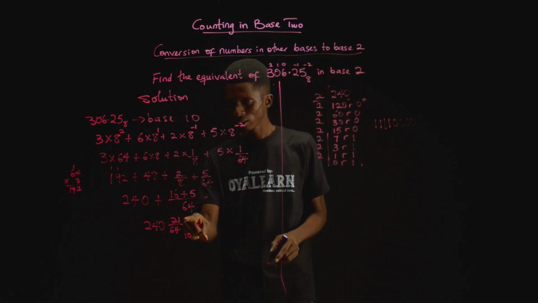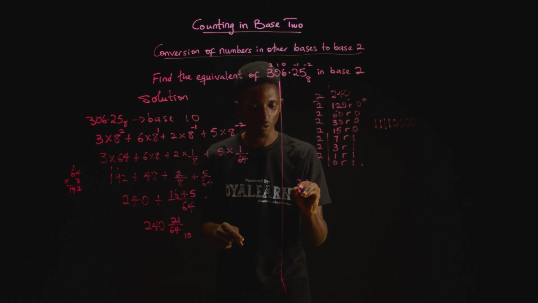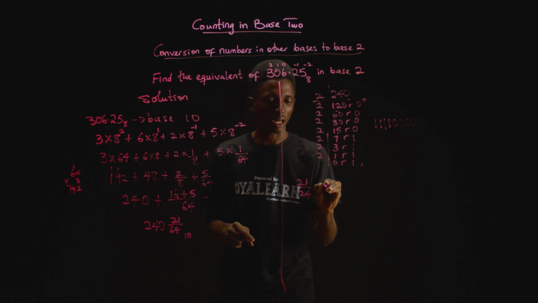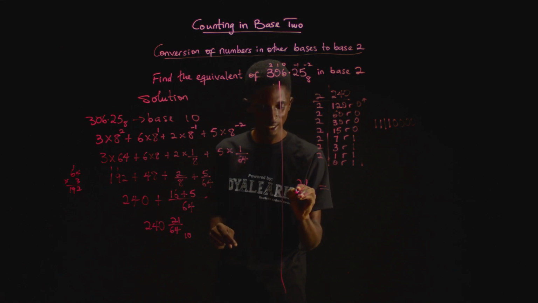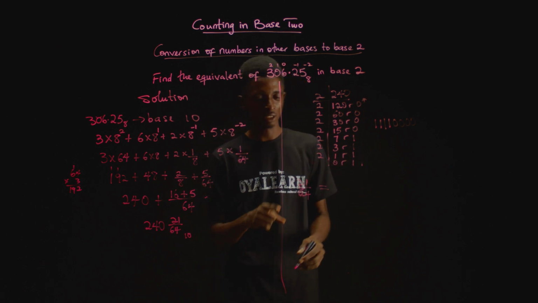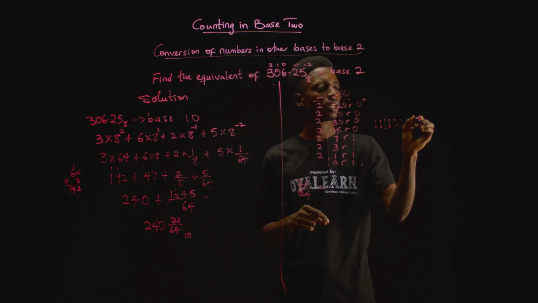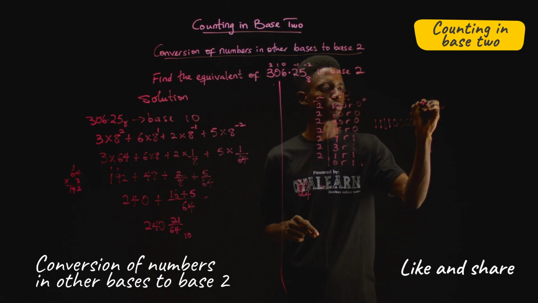Now, for the fraction part, we have 21 over 64. Let's find the equivalent of this in binary. So let's do 21 first. We would have 21 repeated division by 2.